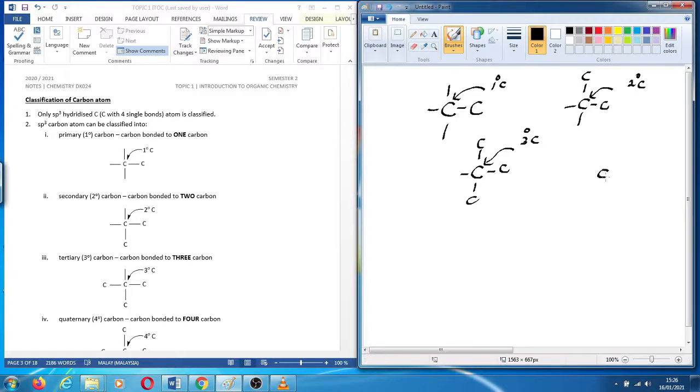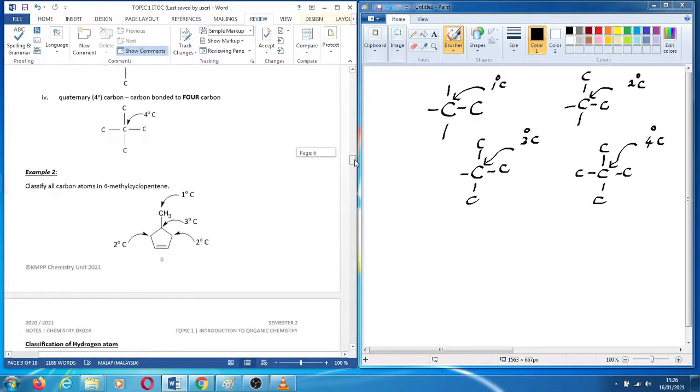And when carbon here is attached to 4 other carbon, we call it quaternary carbon. You can use the symbol quaternary carbon, or you can write quaternary carbon. Okay, that is how we classify the carbon atom.